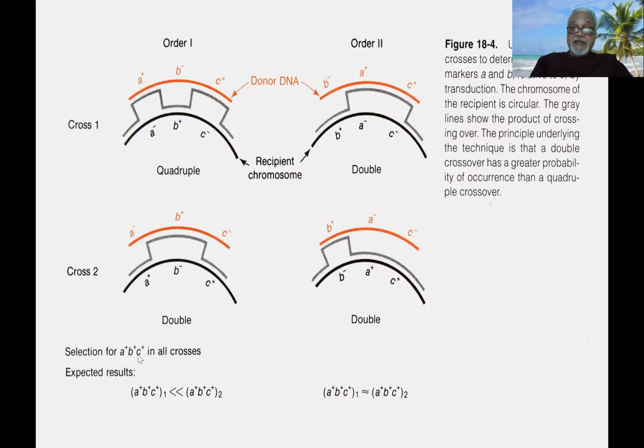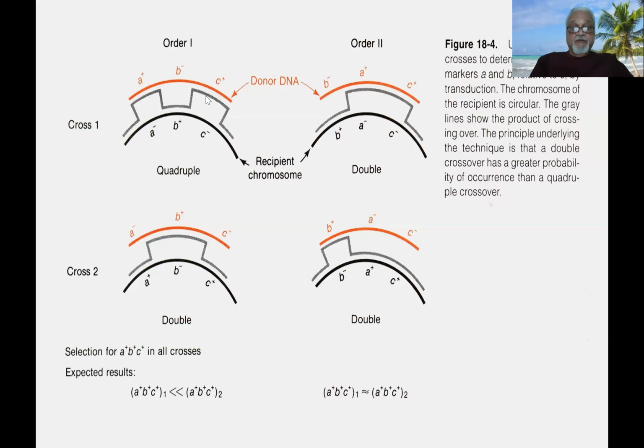Okay. Now let us see how one would get A plus, B plus, C plus transductants in these four possible crosses. See here, this is A plus, B minus, C plus. So you need 4 crossovers, 1 at this, 2, 3, 4, to get A plus, B plus here, and C plus.